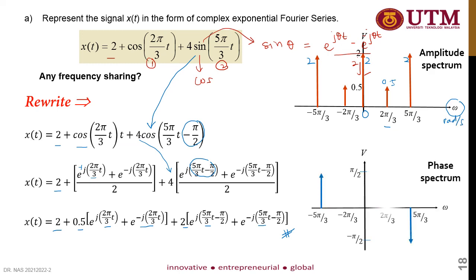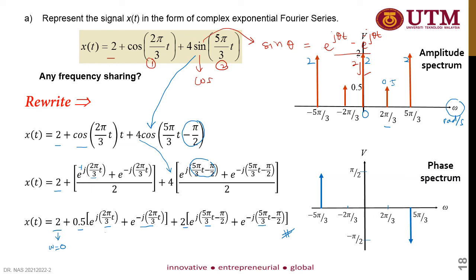Okay, next is the phase spectrum. Look at the first one. It is 0 when omega equals 0, so there's no phase shift. When omega equals positive 2 pi over 3 and negative 2 pi over 3, there's no phase shift, also 0.